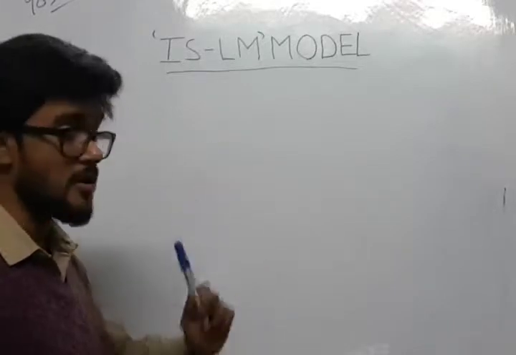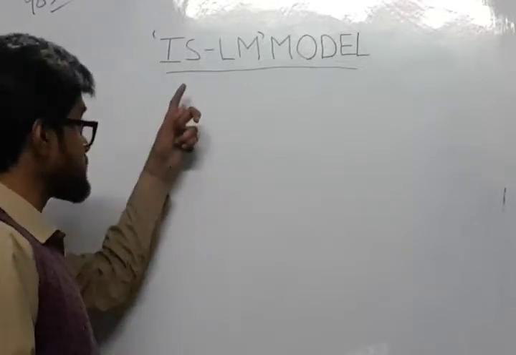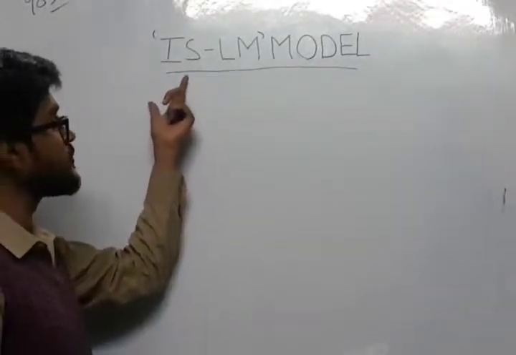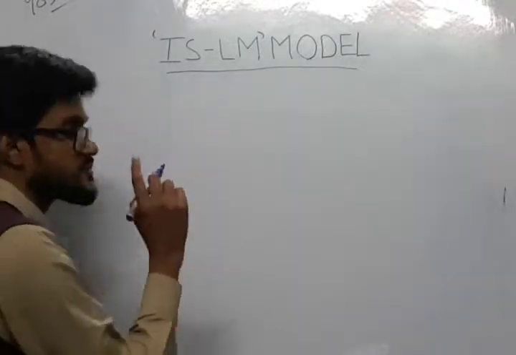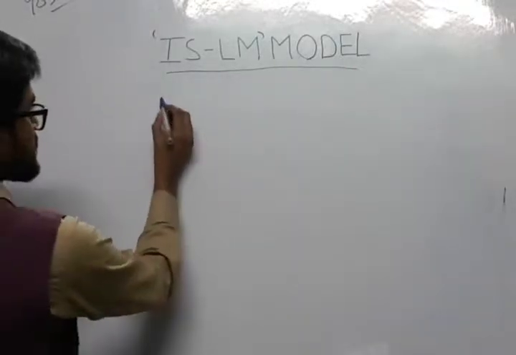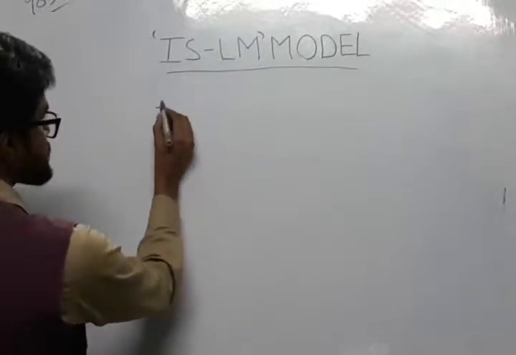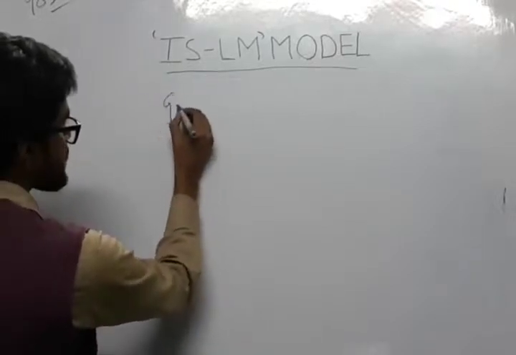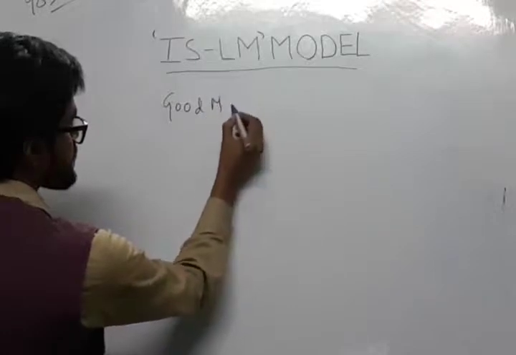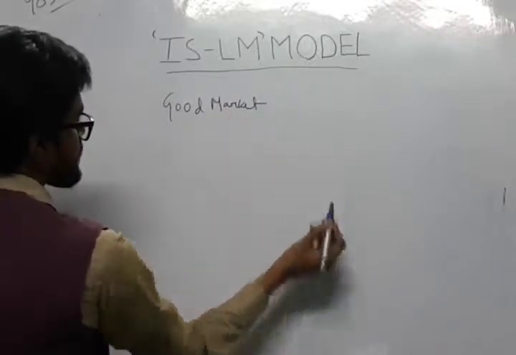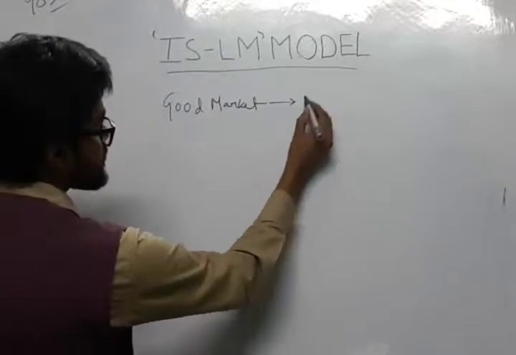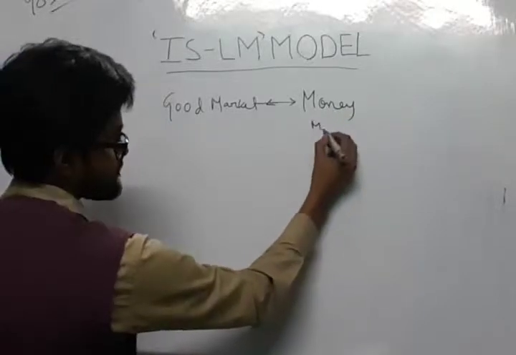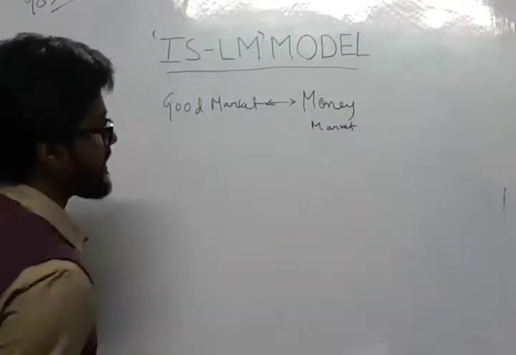In today's lecture, we'll talk about the ISLM model. The first thing we have to know about the ISLM model is that it shows the interaction between the goods market and the money market. So first we have to remember, ISLM is what? Interaction, or we can say like this, the goods market interacts with the money market.